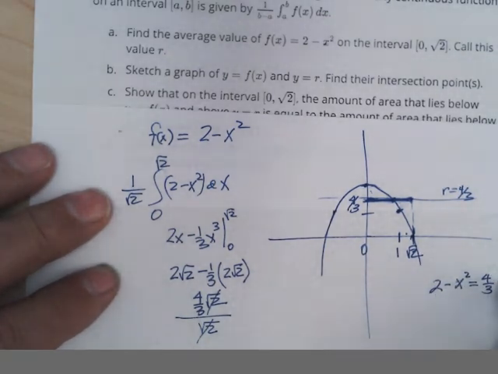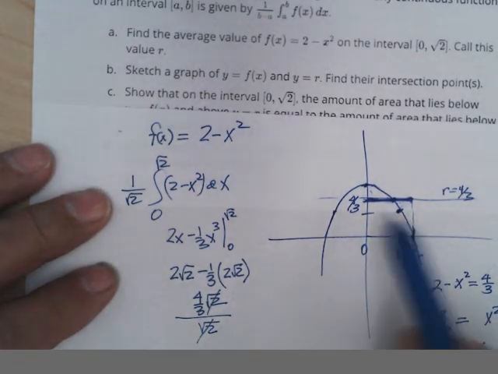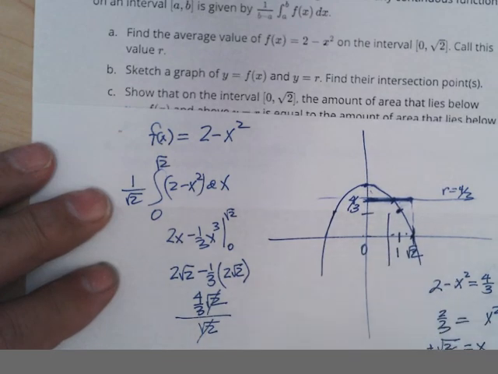So I'll add x squared, I'll subtract 4/3, which leaves 2/3. And so I take the square root, and I get x equals plus or minus the square root of 2/3. But we only need the plus one. That's where they intersect, at square root of 2/3.